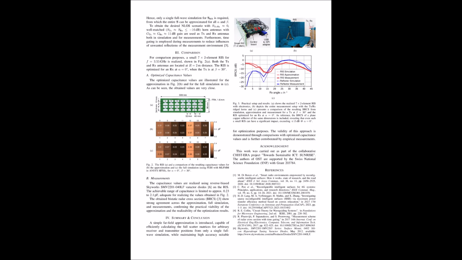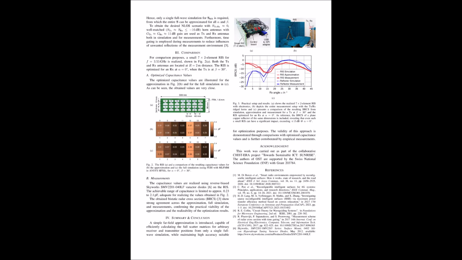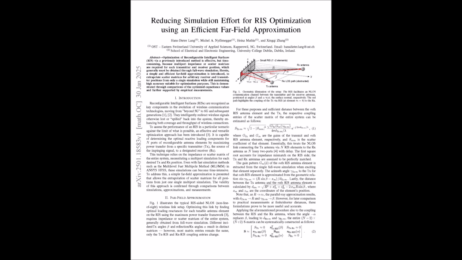Well, G_m represents the gain of the mth RIS element, but it's not just any gain. It's specifically the gain in the direction of the transmitter. Ah, so it's how well that specific element on the RIS can receive the signal from the transmitter. You got it. And this gain is not a constant value. It depends on the angle between the mth element and the transmitter. Okay, that makes sense. And I see that angle is represented by θ_TX,m.